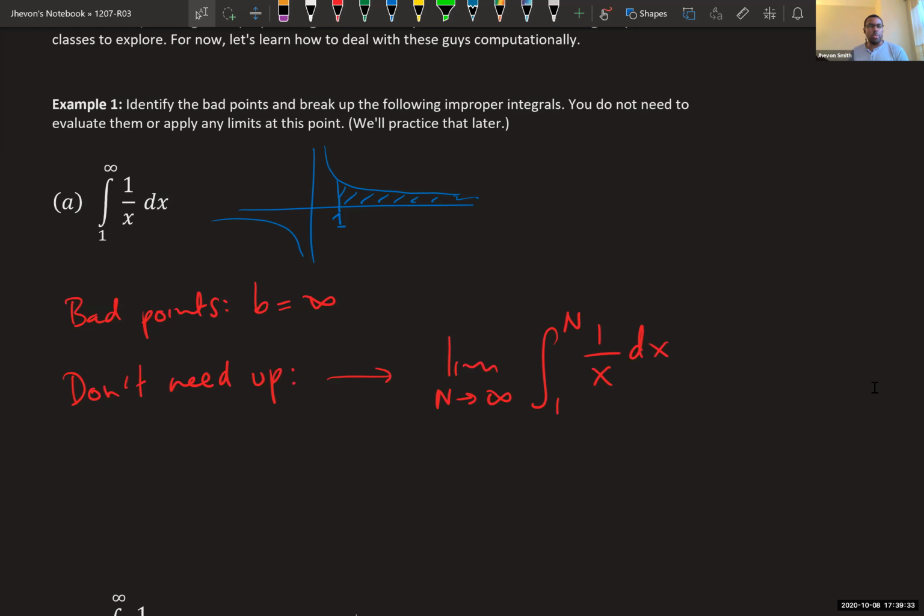How do you actually go about doing that? Well, essentially you take a limit to approach the infinity. So you assume that I'm really looking at an interval from 1 up to some number n, and I push that n further and further away from me, going off to infinity, and see what happens. So we're using a limit to approach the bad point.